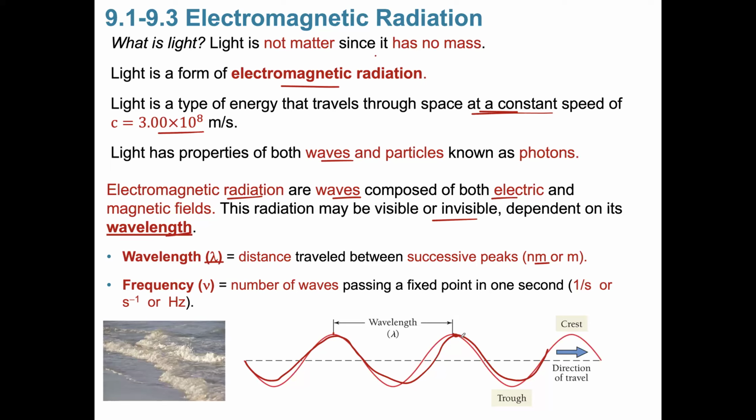So, obviously, if the wave moves faster, then the frequency is going to be higher and it has higher energy, and the wavelength would be lower. The frequency is represented with the letter nu, and the unit is 1/second, per second, or hertz. And hertz and per second are equivalent.